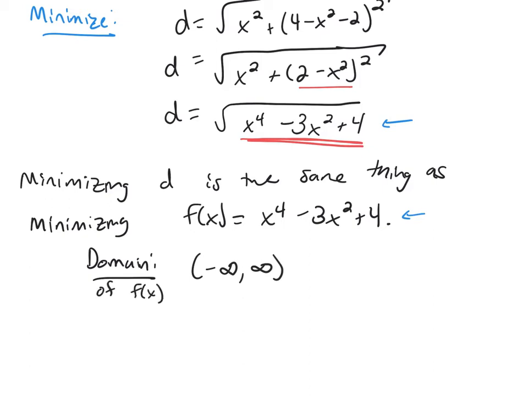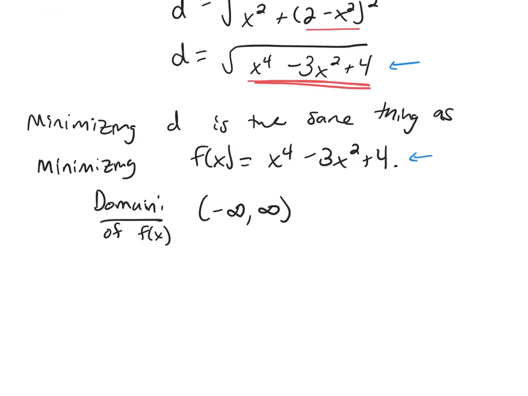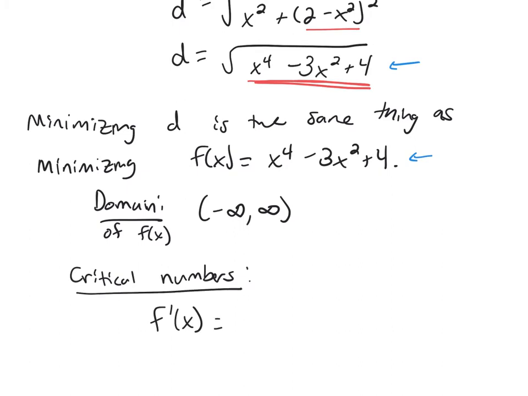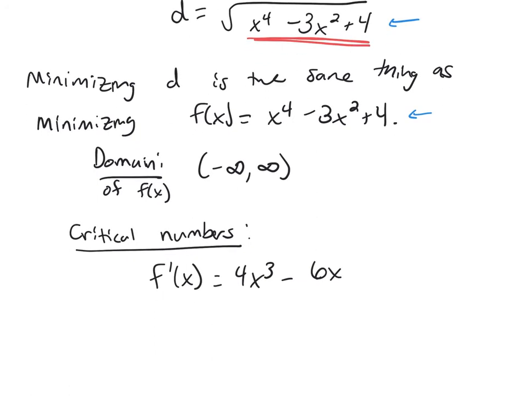And now let's find our critical numbers. Take the derivative. So f prime of x will be 4x cubed minus 6x. That's a polynomial. It's always defined, so I just need to set it equal to 0. Factor out a 2x.